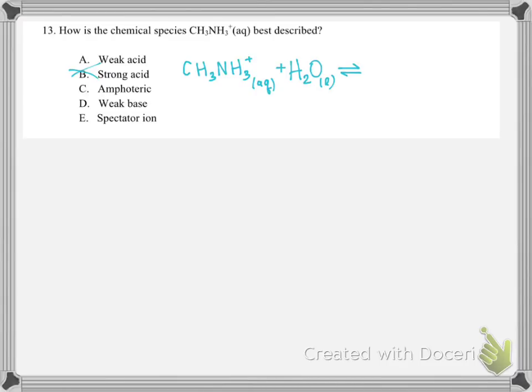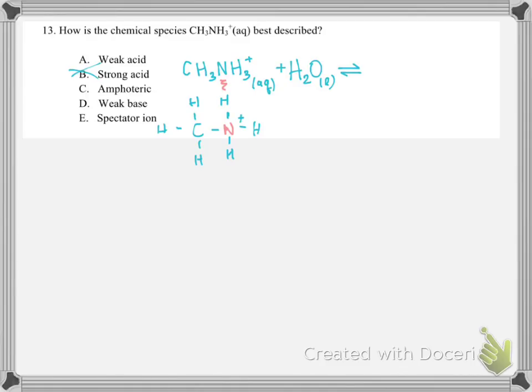So, what I'm going to look at next is what's going on with the nitrogen. So that nitrogen, if we were to draw the full Lewis structure, we'd have carbon with 3 hydrogens around it, a nitrogen, and then 3 hydrogens attached and a positive charge.